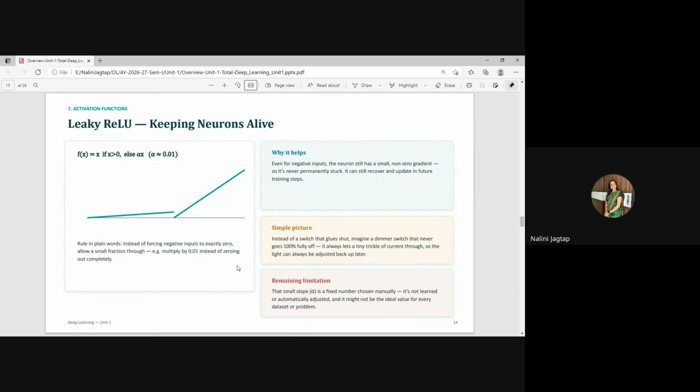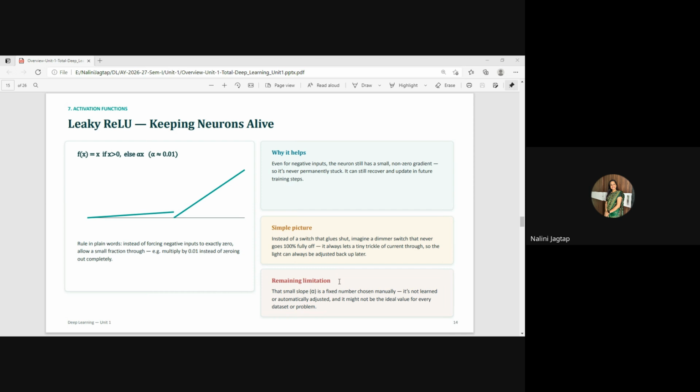There is Leaky ReLU, which keeps these neurons alive. Let's look into this Leaky ReLU part. Leaky ReLU answers that exact question with a small but consequential modification to ReLU's rule. Instead of forcing every negative input all the way down to zero, it allows a small fraction of that negative value to pass through, typically the input multiplied by a tiny number like 0.01.